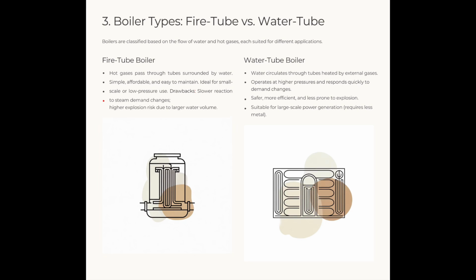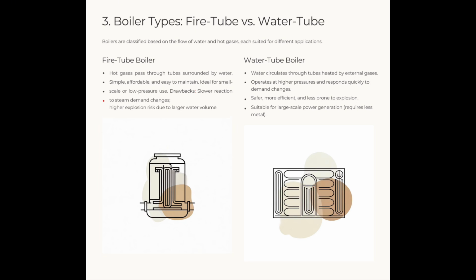The fire tube boiler, with its large shell full of water, is like a sleeping giant. It stores a massive amount of energy, making it slower to respond and at a higher risk for catastrophic explosion if its pressure limits are exceeded.